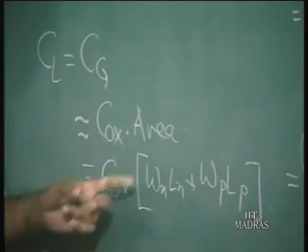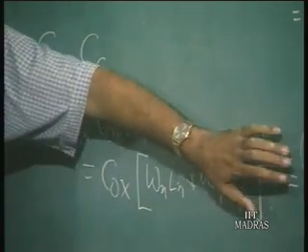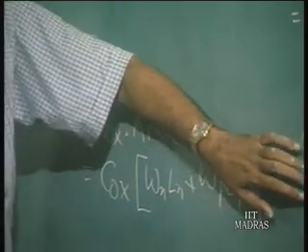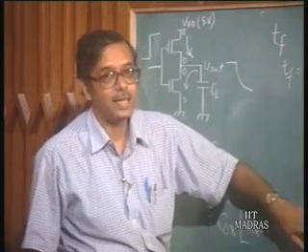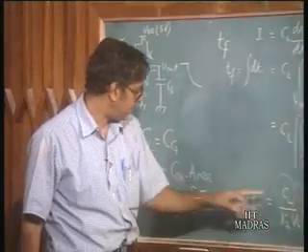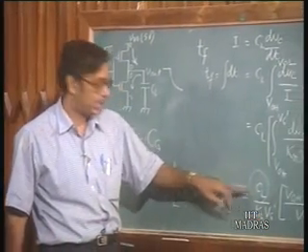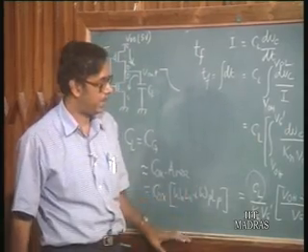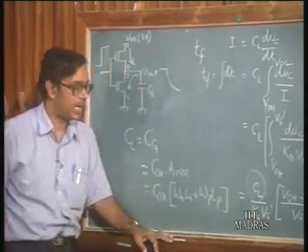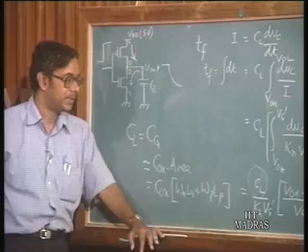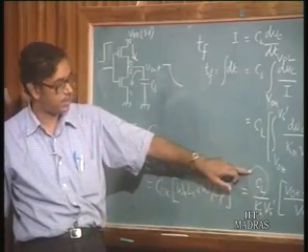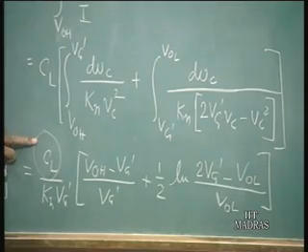So the CL in this expression for the fall time is equal to Cox into Wn Ln plus Wp Lp. Kn, of course, we know as half mu Cox W by L. Both CL and Kn depend on the dimensions of the device, that is W and L of the transistors.